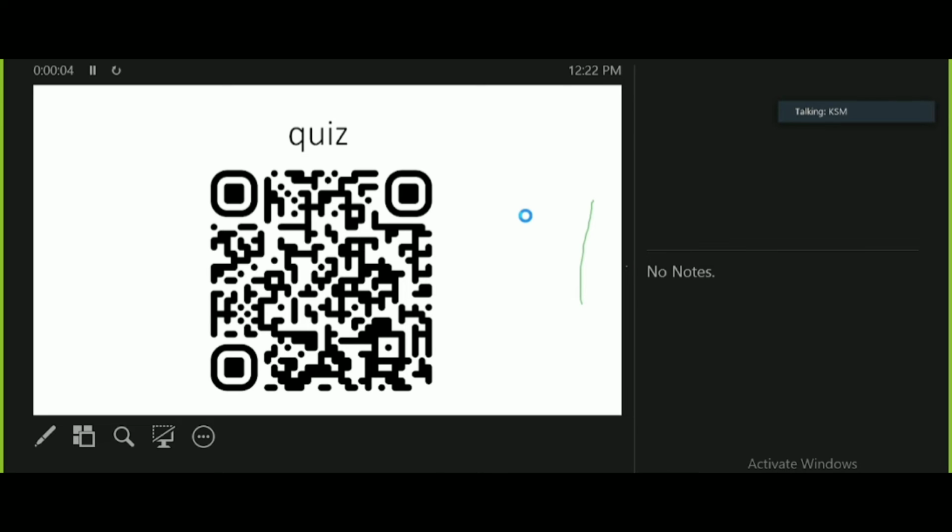So this is the QR code. You can scan this and log into the Google form. I'll give you a few minutes to sign in.